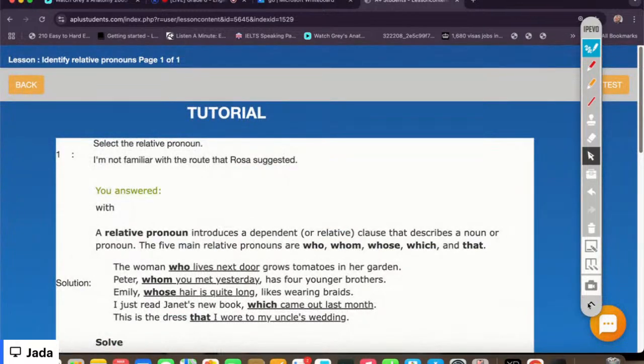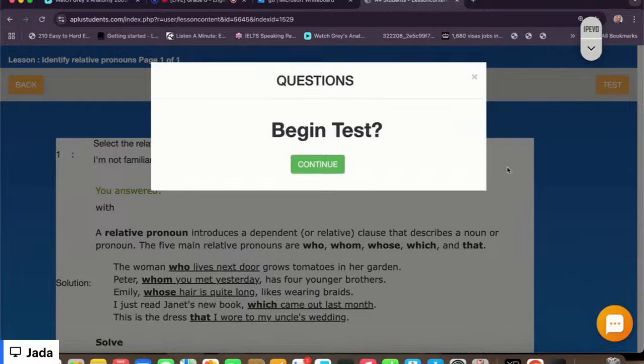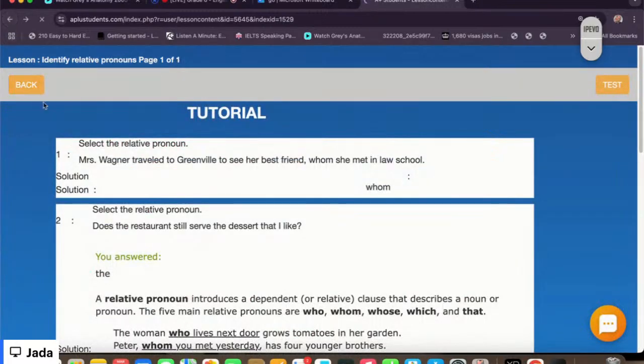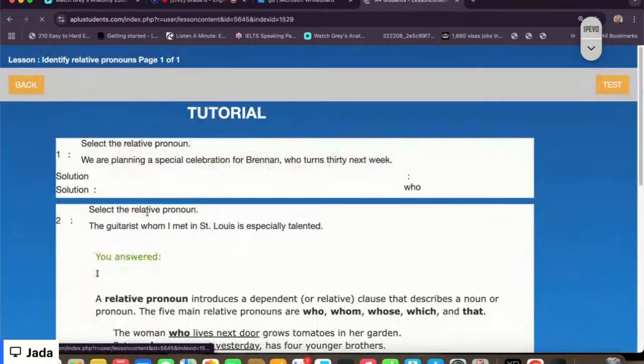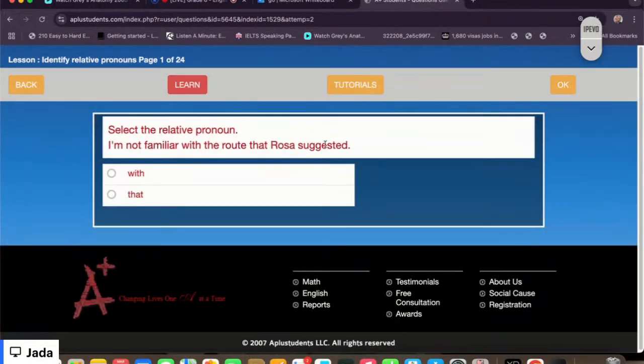So in this particular lesson, we will have to make sure that we identify the relative pronoun because we have five main relative pronouns, okay? So select the relative pronoun here. Okay, so first one is: I'm more familiar with the route that Rosa suggested.